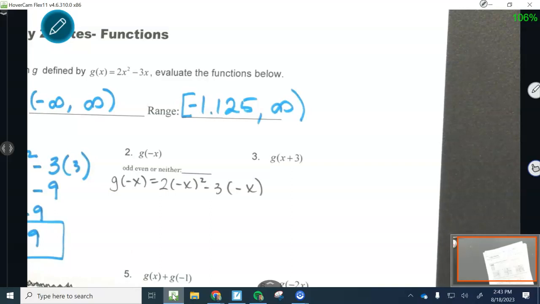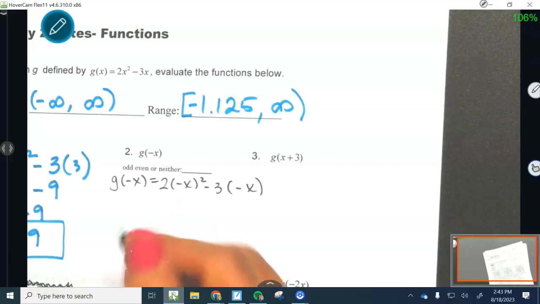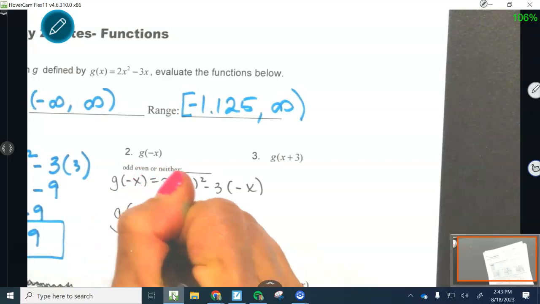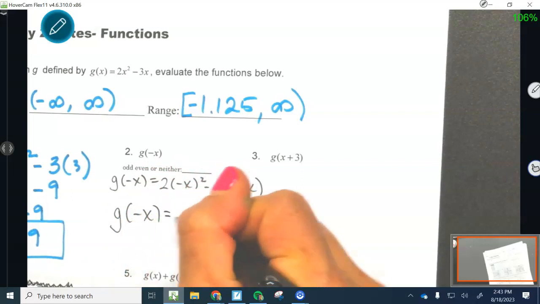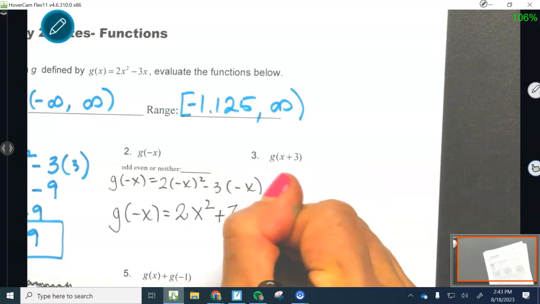Now, let's evaluate. What happens when you square a negative number? What does it turn into? It turns into a positive. So g of negative x equals 2x squared plus 3x.